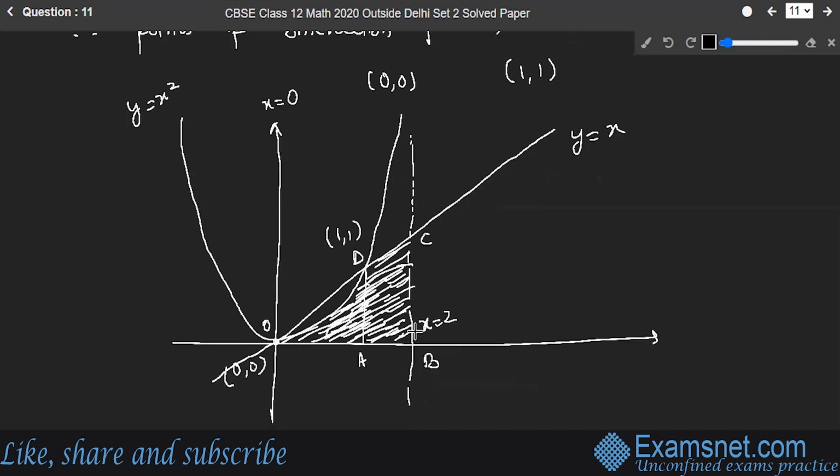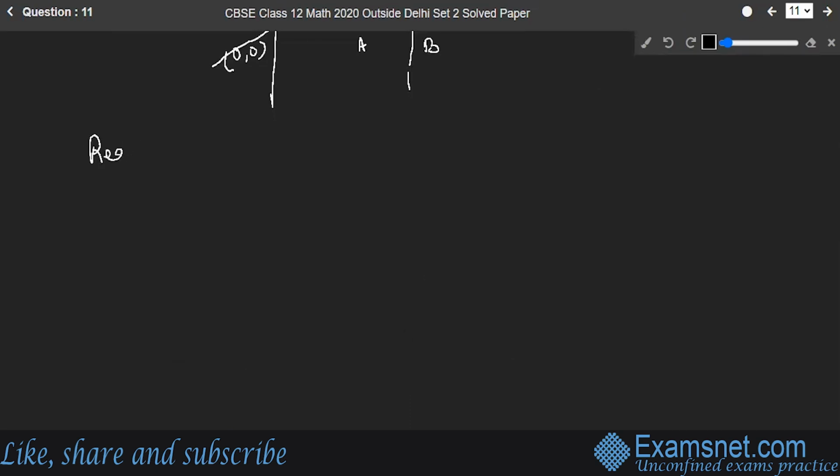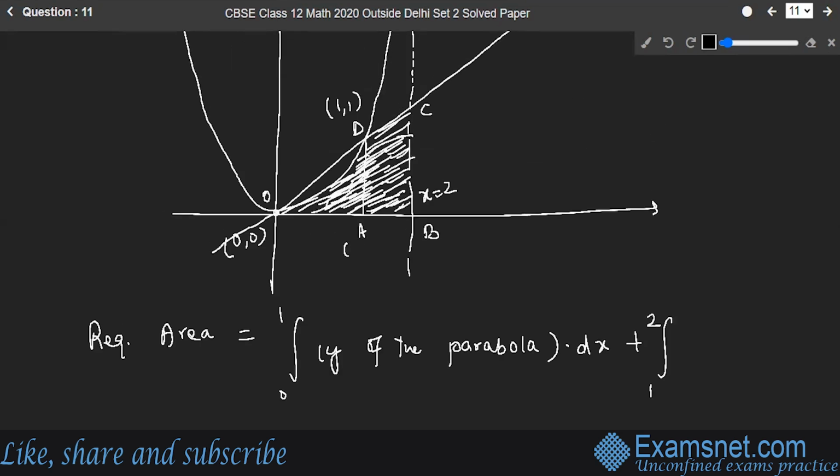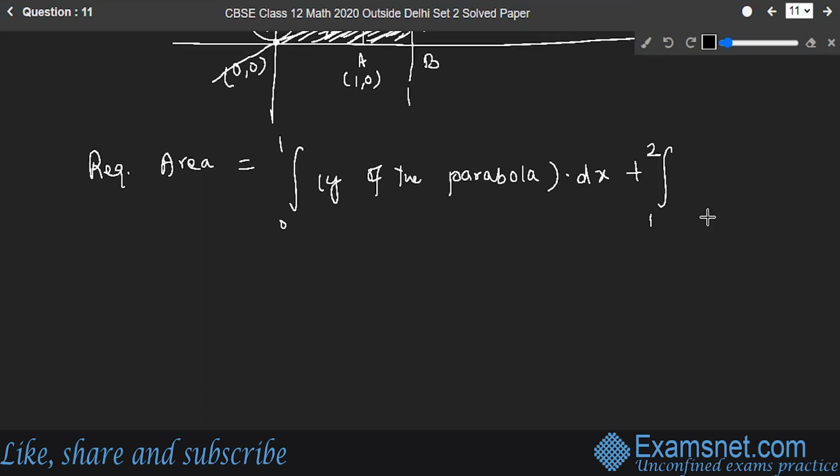Let's write down the required area is equal to the integral from 0 to 1 of y of the parabola dx, plus the integral from 1 to 2. See, from here, 0 to 1, this is (1, 0). So 0 to 1, y of the parabola, plus 1 to 2, y of the line.